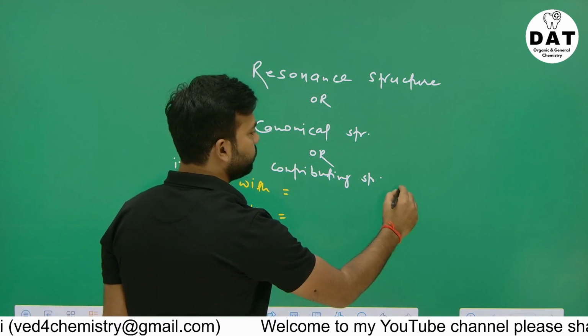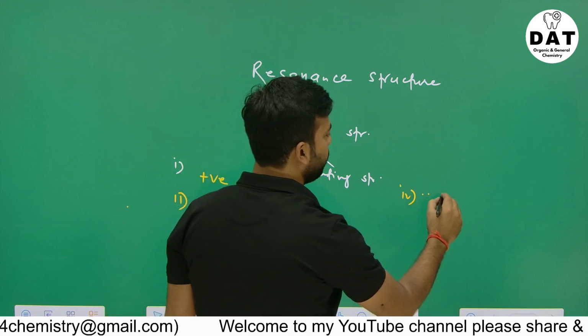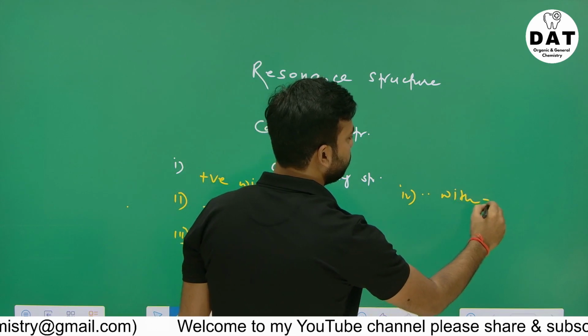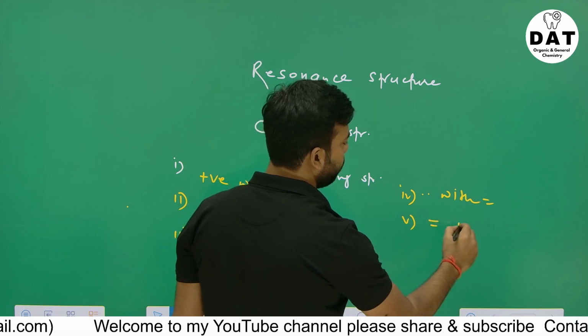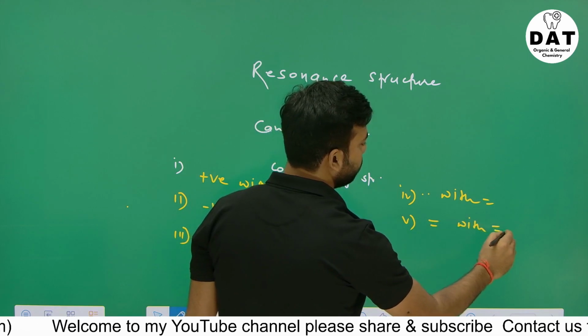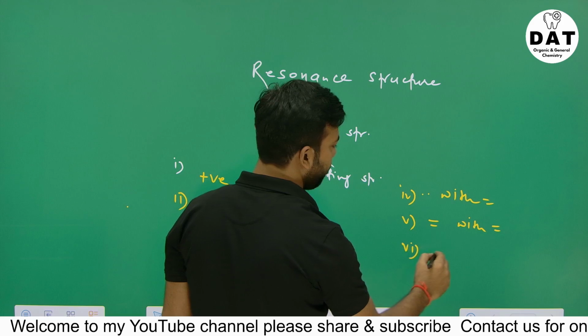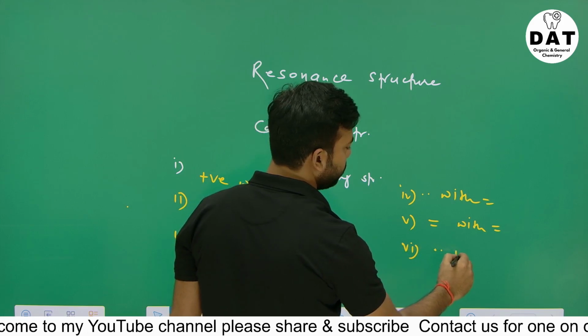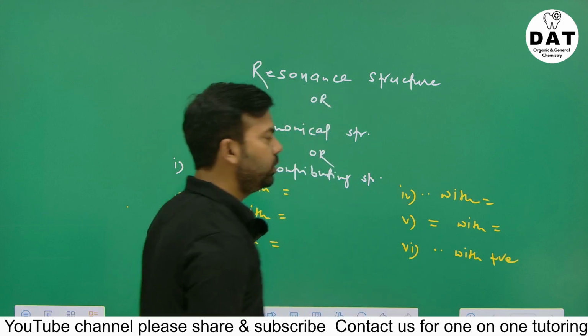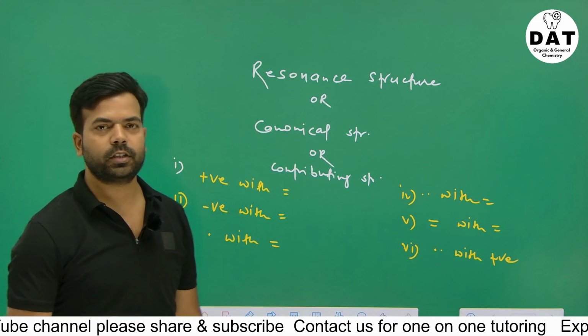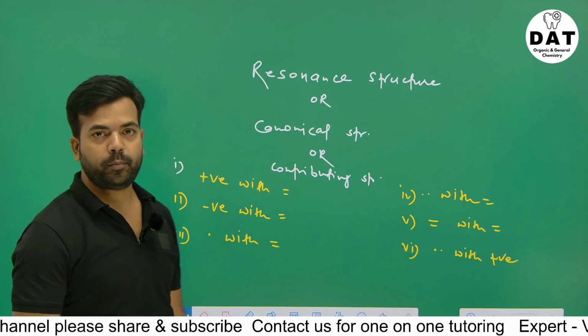Fourth, lone pair with a double bond. Fifth, double bond with a double bond. Six, lone pair with positive charge. Clear? So these are the types of resonance structure and these are all very important ones.